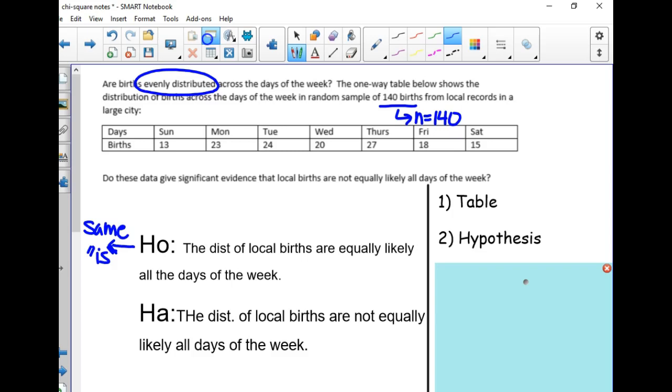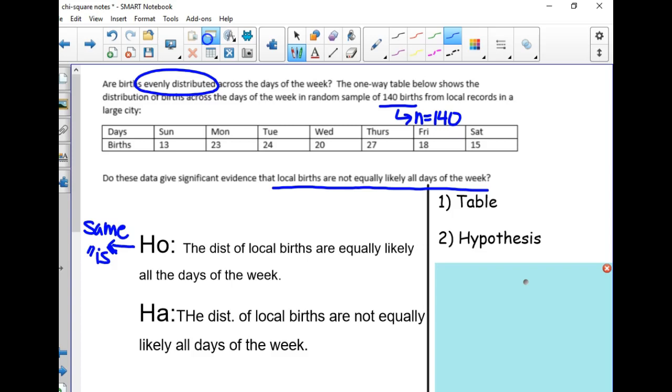Okay, I got that phrase here. Does the data give significant evidence that local births are not equally likely all days of the week? Use your question to help you write the alternative and the null hypotheses. The question will always give you a hint of where to go.